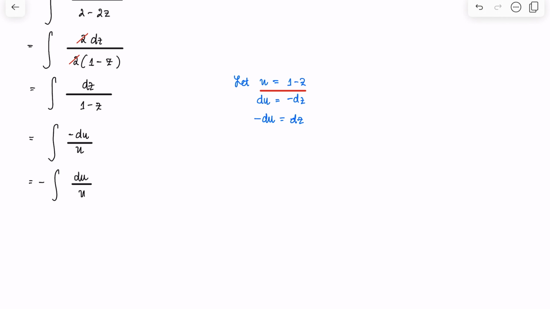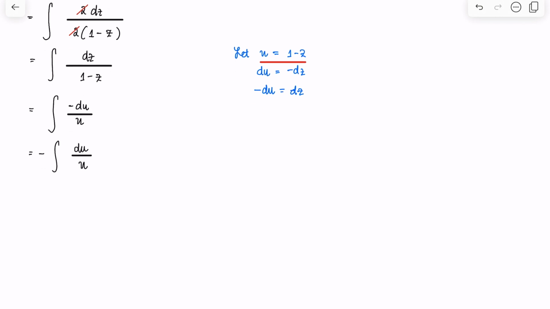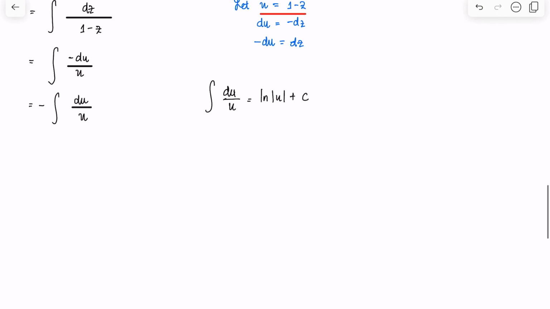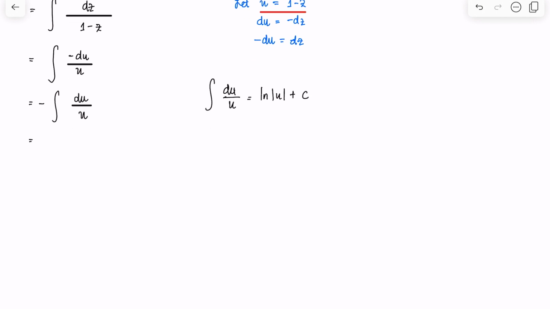And we know this to be the very basic form, or this is just equal to, if you can recall, the integral of du all over u is simply the ln of u plus c, since this is an indefinite integral. So this is telling us that this is just negative ln of u plus c.